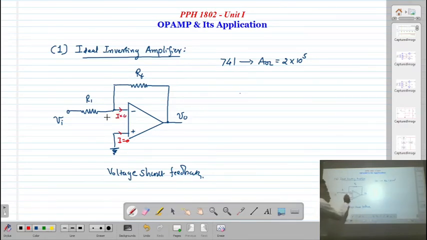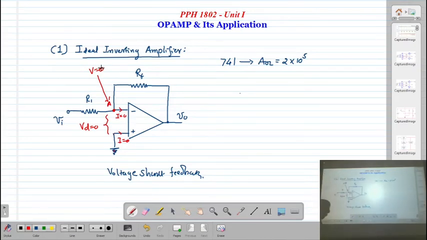Second thing, the difference voltage VD has to be also 0. Then you can apply the concept of virtual ground, meaning here this is at a ground potential, so then you can say the point A will also be at a ground potential. So here remember point A, that voltage is 0. It behaves as a virtual ground.